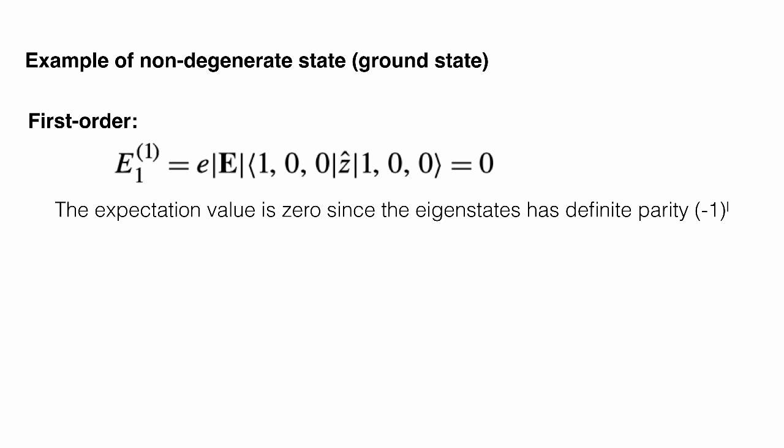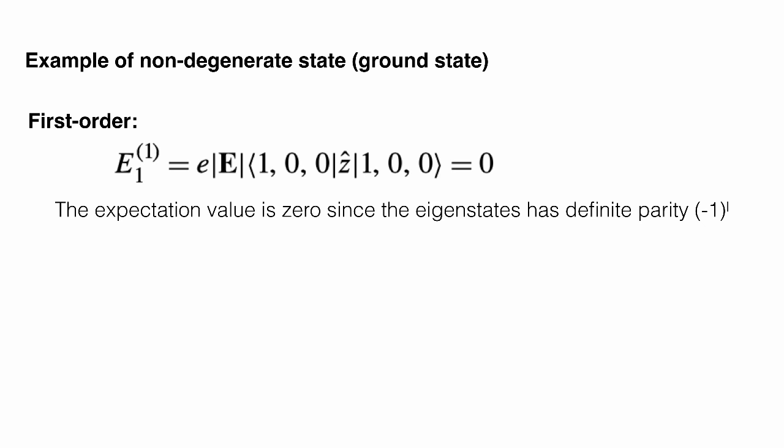The parity is (-1) to the power l, so in this case l equals 0, so it's even. So the point is, because it has an even parity, there are as many plus z and minus z contributions to the integral, and you find it equal to 0 as expected.